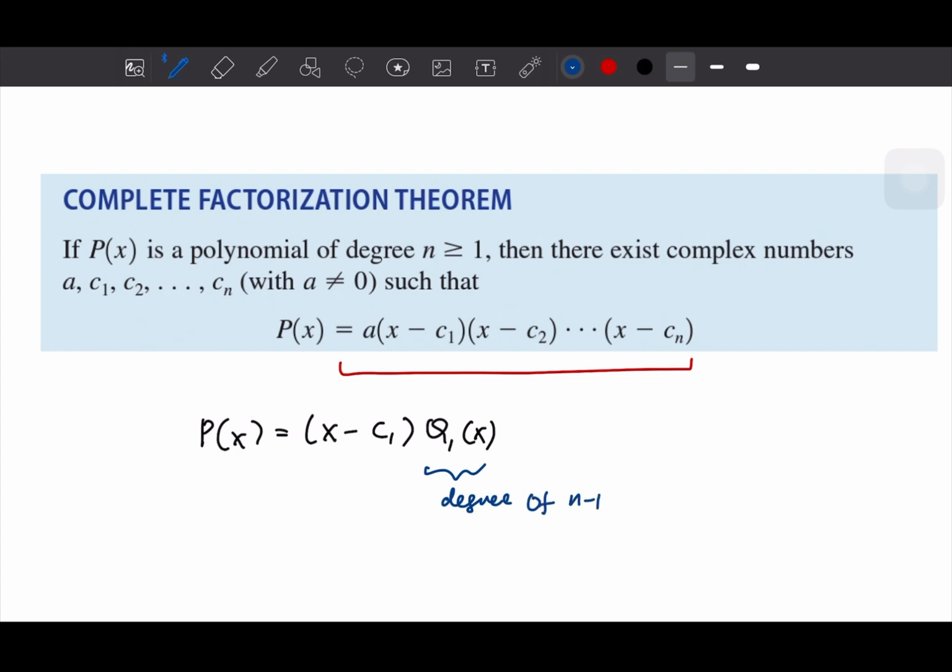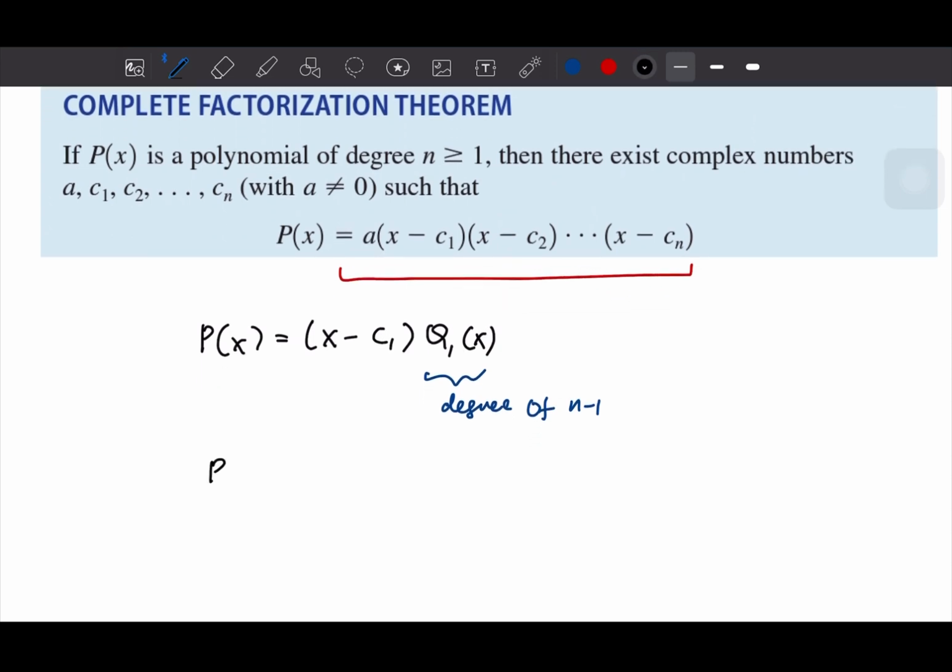If we apply the theorem, this can be factorized into x minus c2 and another function of x, q2, which is degree n minus 2.